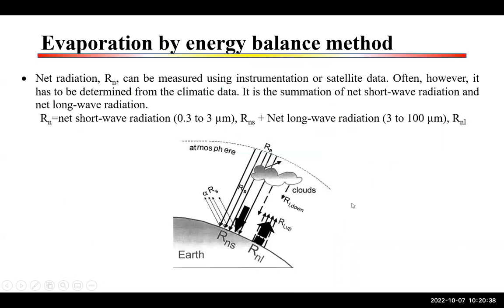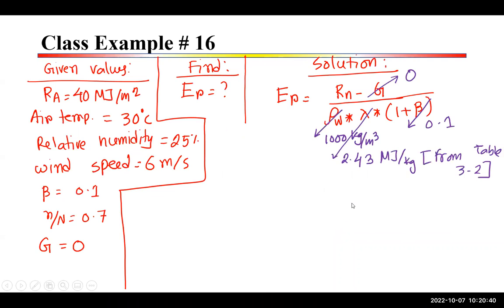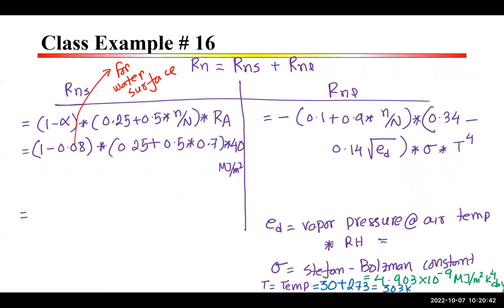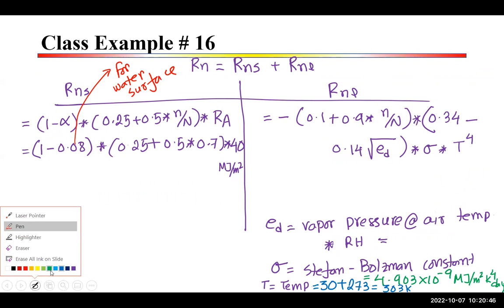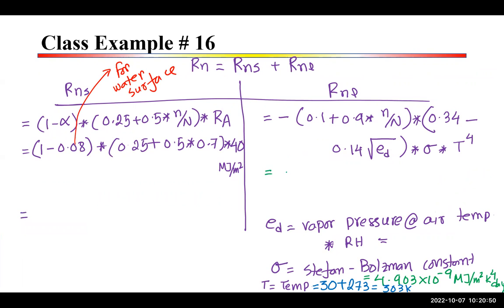Okay, so now we know most of these things. So let's write down all the values here and let's check. So 0.1, 0.9, what is the n over N? 0.7, right?